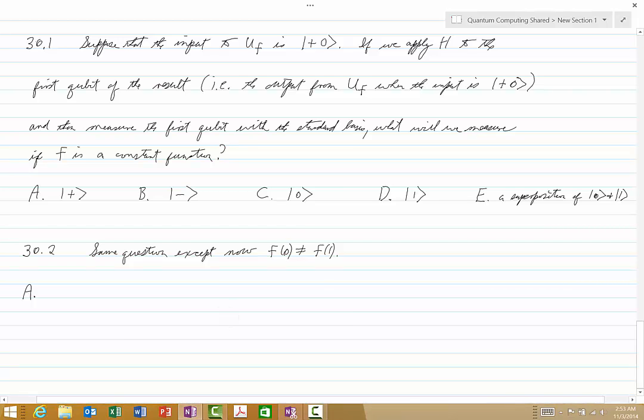And on 30.2, we'll have exactly the same choices: minus, C 0, D is 1, and E would be a superposition of 0 and 1. This is not E. I'm not wording that correctly.